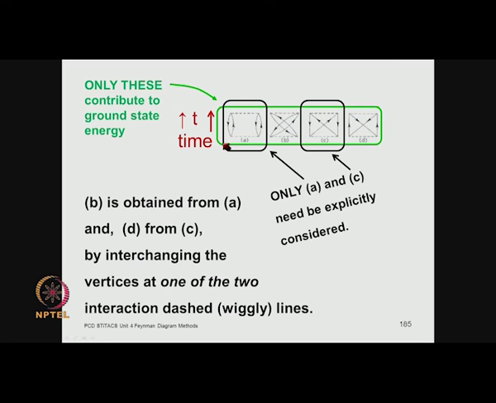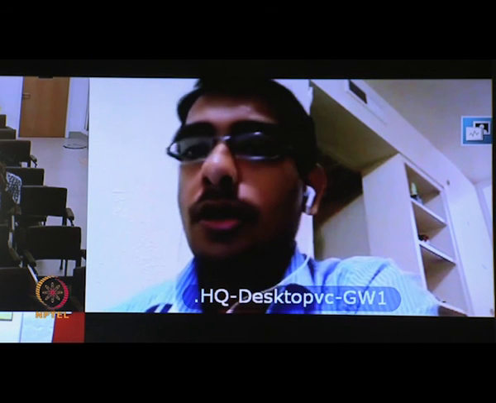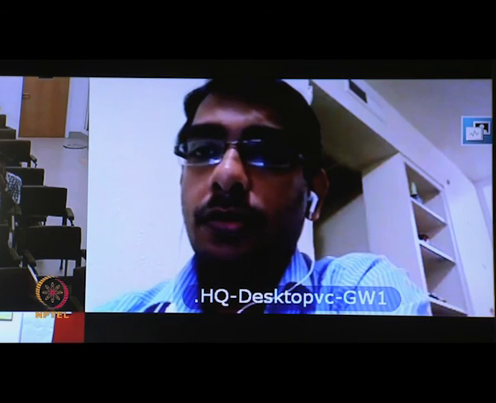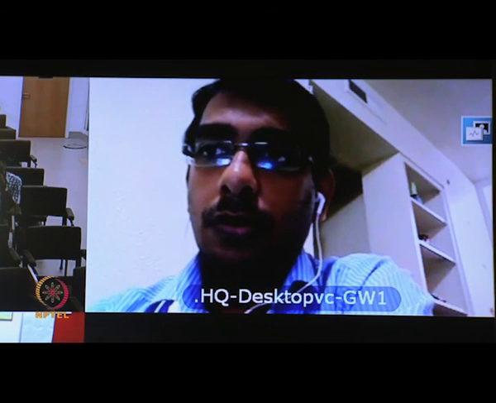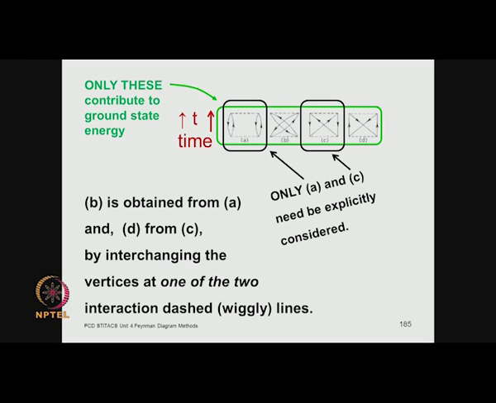When you do that, you will get B. So, it is topologically the same. Again it adds to the correction. Essentially, if you pinch the combination of that hole and particle interaction line at a given vertex and drag it to the other vertex, you get a corresponding equivalent diagram.